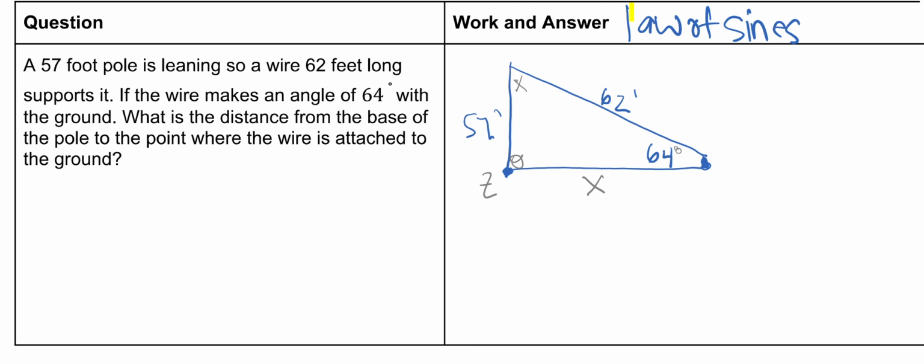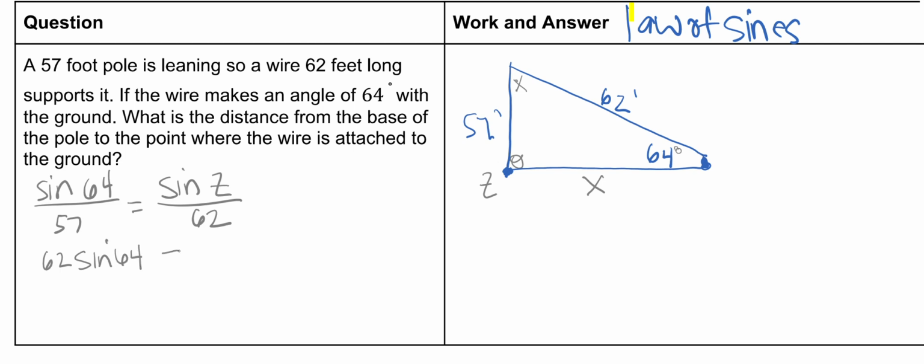So to solve for that, I'm going to set up the law of sines. So the sine of 64 divided by 57 is equal to the sine of z divided by 62, and we're going to solve for z. So 62 times the sine of 64 equals 57 times the sine of z, cross multiplying.